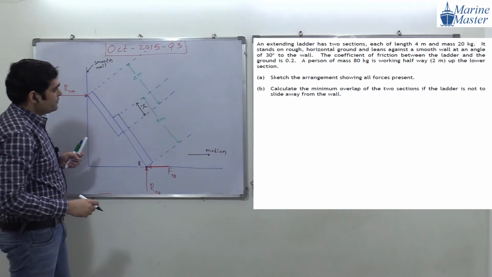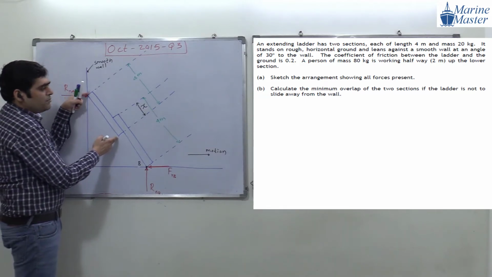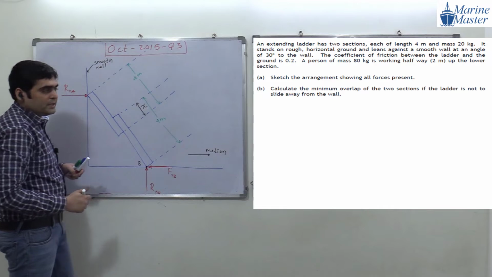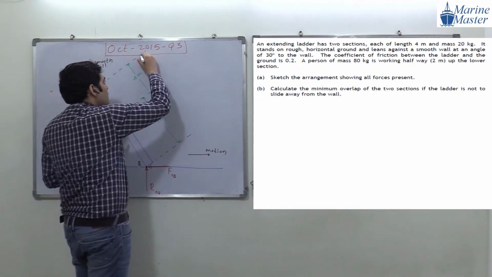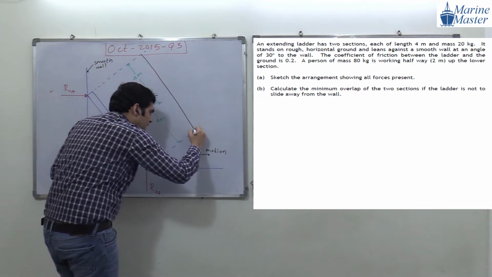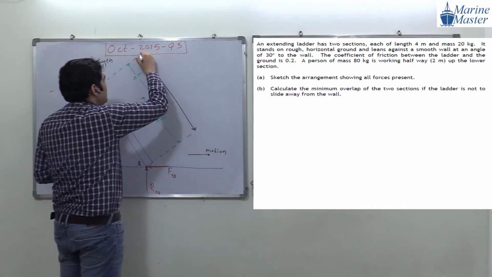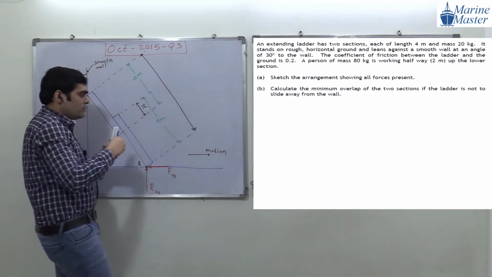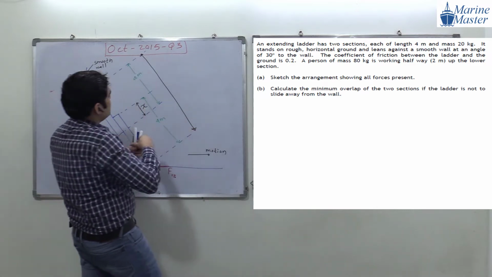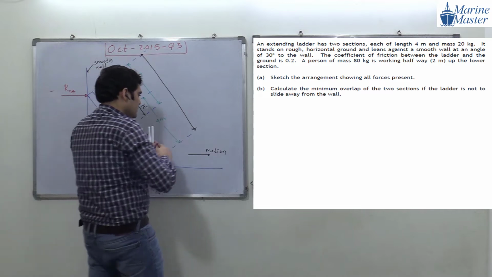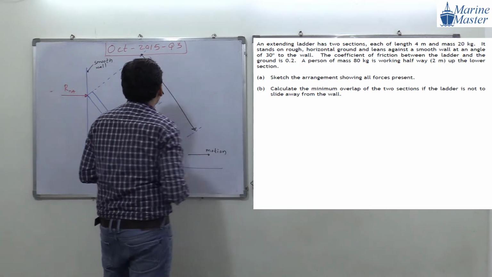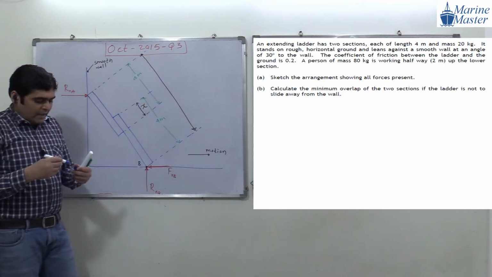Now guys, see, this section length is 4 meter. This section length is 4 meter. So here, one minute, everyone. What will be this length, shown by this black pen? Observe the scenario, guys. I will give you the options.